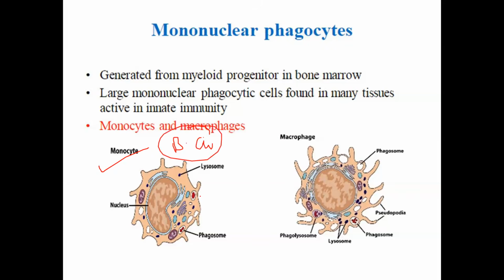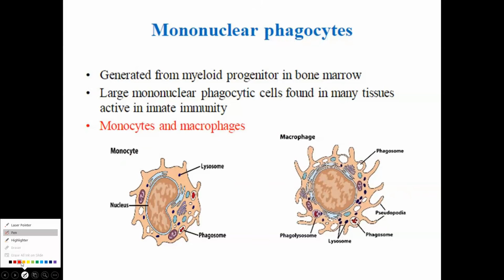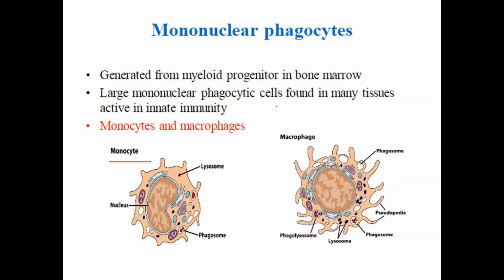When the monocyte from the blood circulation enters into the tissue, you can't call it a monocyte. Why, friends? Because the monocyte is completely differentiated into the macrophage. Now, remember my words. Macrophages are also of different types, friends.